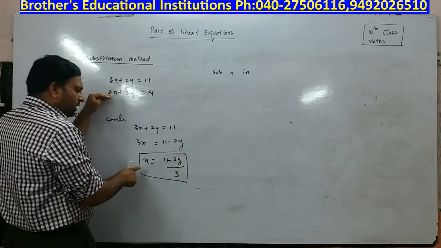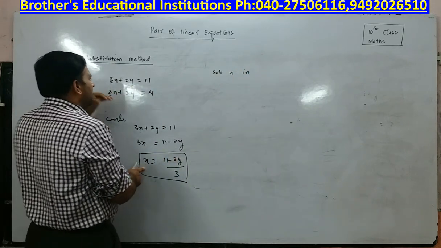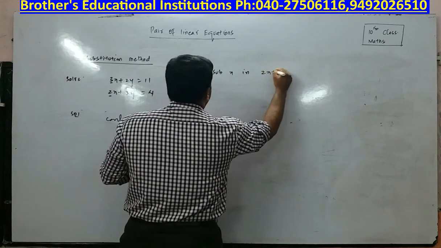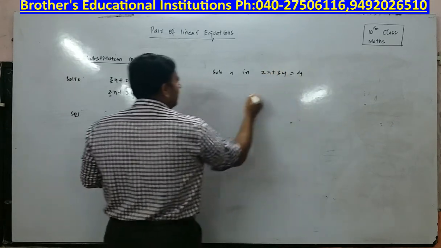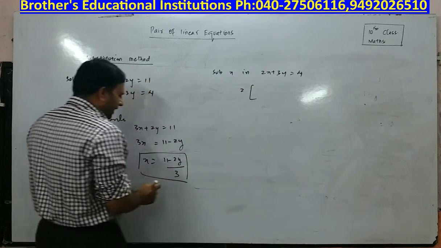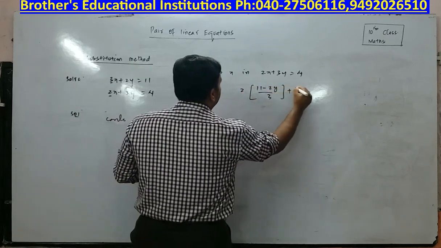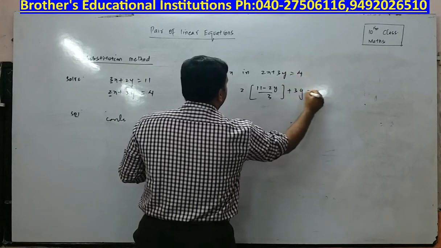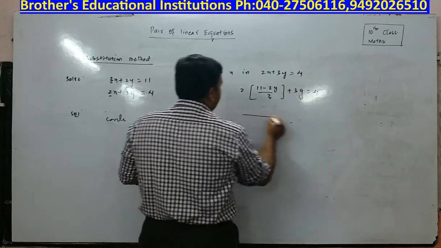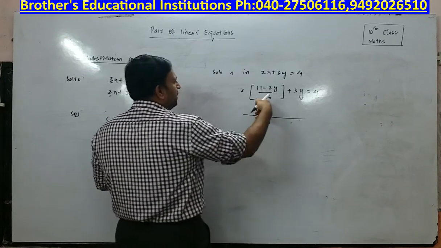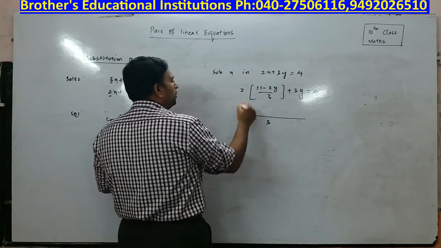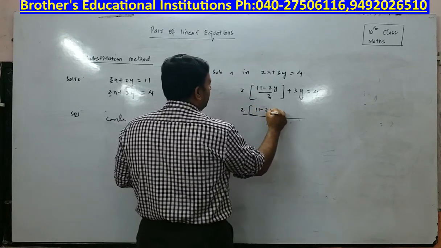Now this I will take and substitute x. I took the first equation, got the value of x. Now substitute x in 2x plus 3y is equal to 4. Let me do that. 2 into, what is the x value? (11 minus 2y) by 3, plus 3y is equal to 4. Now let me take the LCM. The LCM is 3. 3 goes 1 times, 1 into 2, 2. 2 into (11 minus 2y).